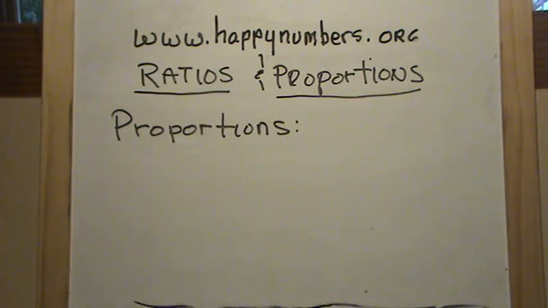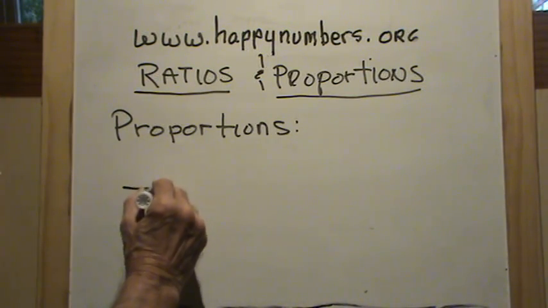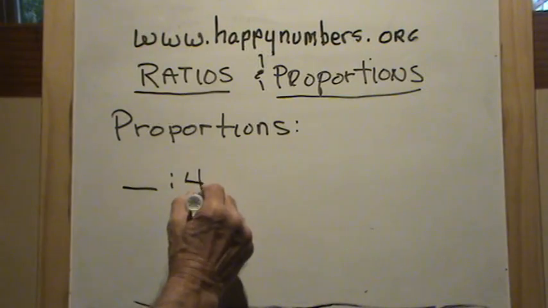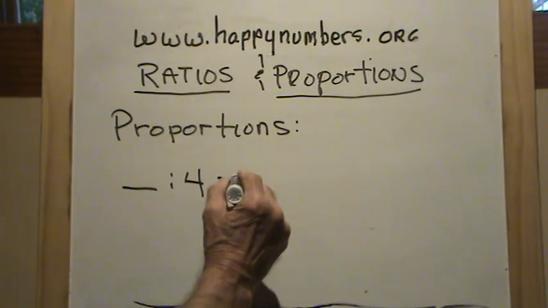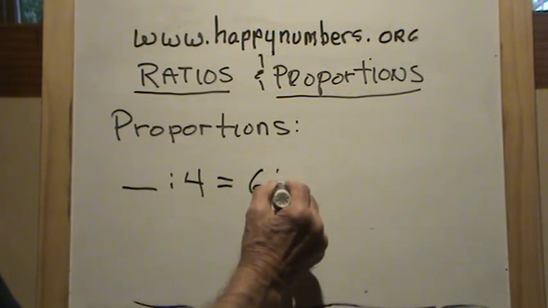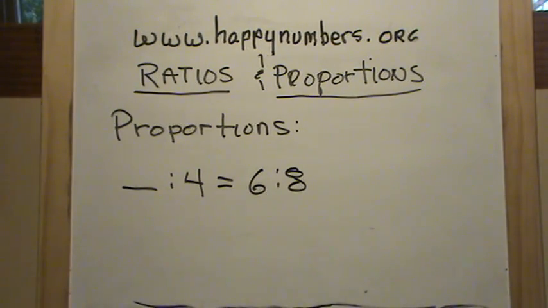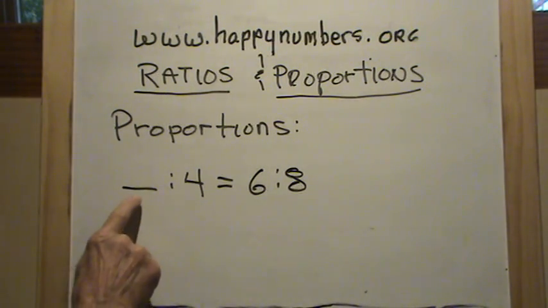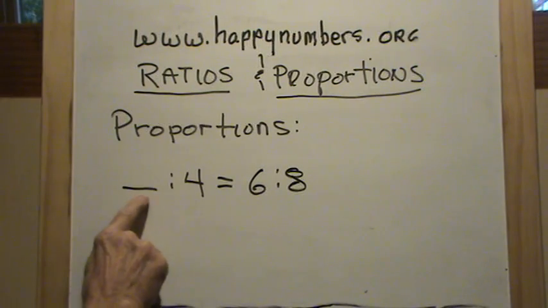Now, let's take a look at this one. Blank is to 4 as 6 is to 8. Well, now sometimes we're going to have to try and figure out what one of the numbers in the proportion is.